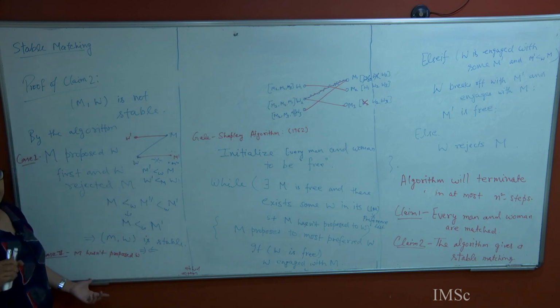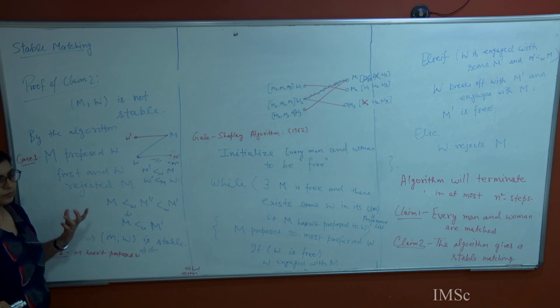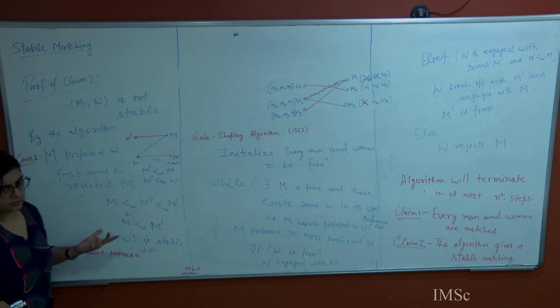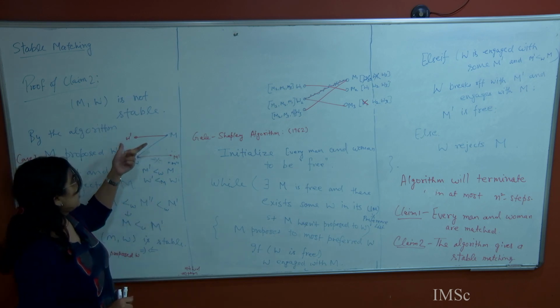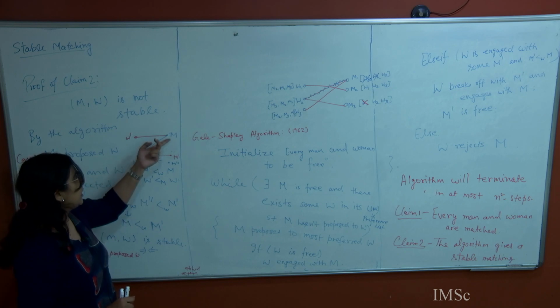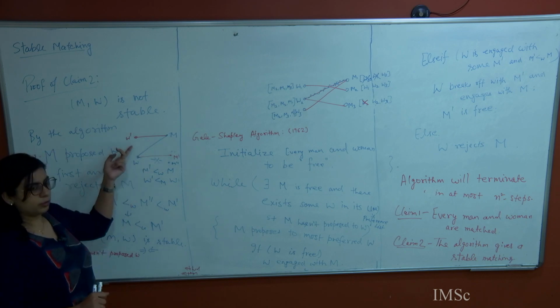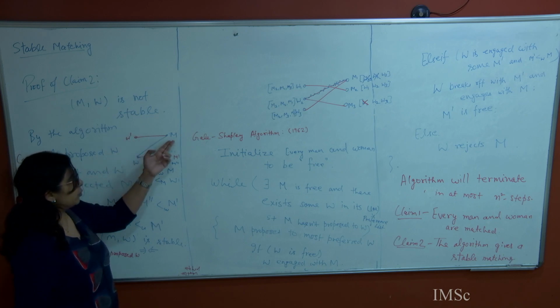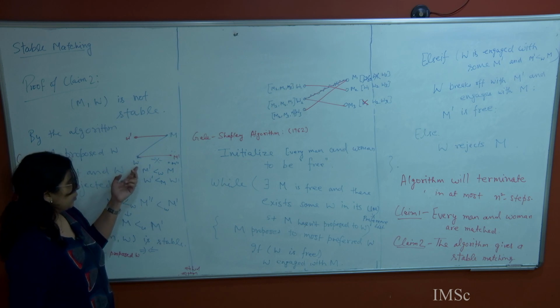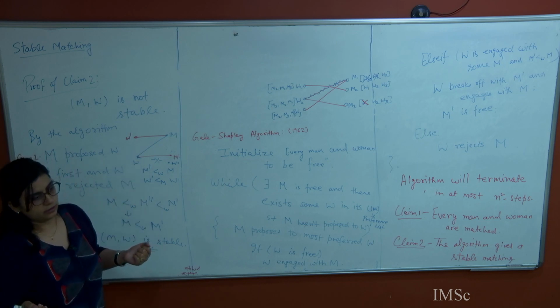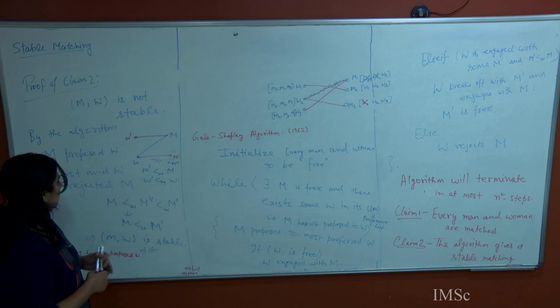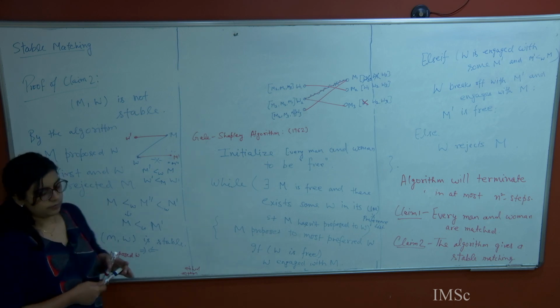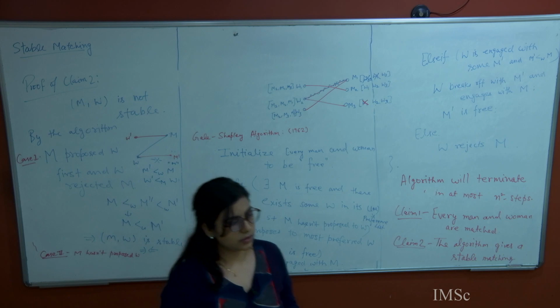That W prime is more preferred than W, because M would have proposed to W prime and been accepted, so that is the reason why M did not propose to W. Yes, exactly. So that means W prime is more preferred than W, because only then M goes to W prime first, and in that case, because W prime is more preferable for M than W, this is again a stable pair. Okay. So that means we got a stable matching.